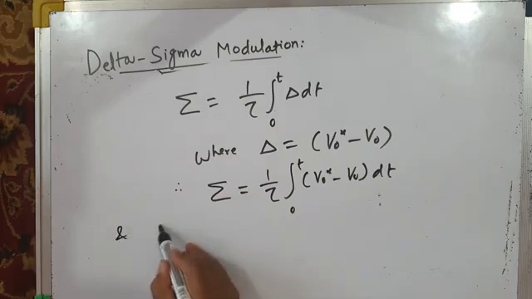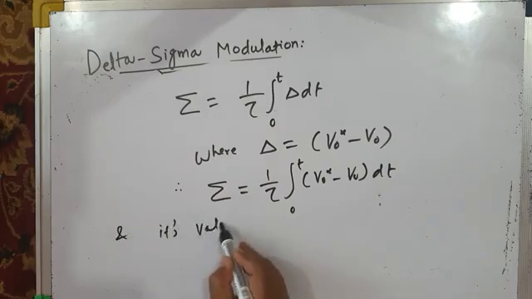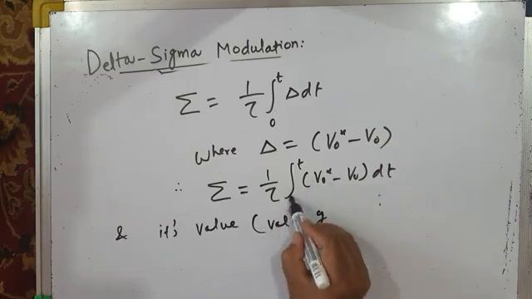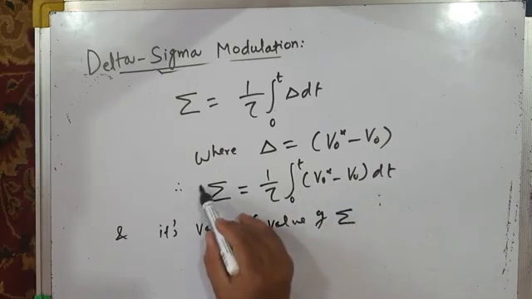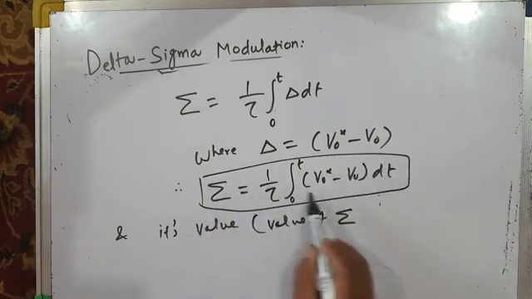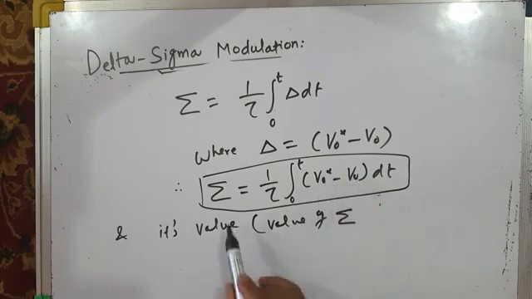Sigma is nothing but the integration of the error between reference voltage and actual voltage.